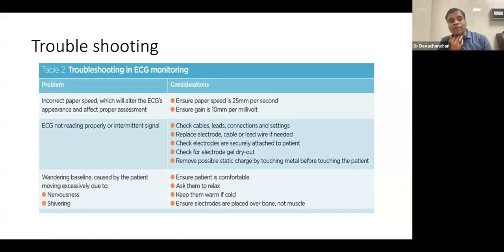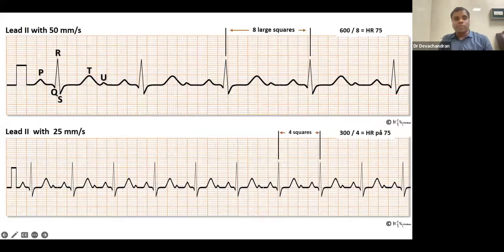So as I mentioned, paper speed should be 25 millimeter per second, and the gain should be 10 millimeters tall. So these are examples of a change in the speed. So the bottom one, ECG was taken at 25 millimeter per second, the normal speed. The top one taken at 50 millimeter per second.